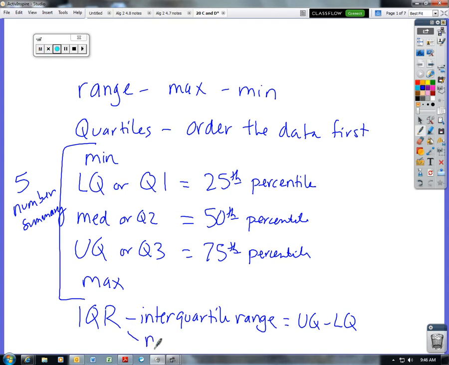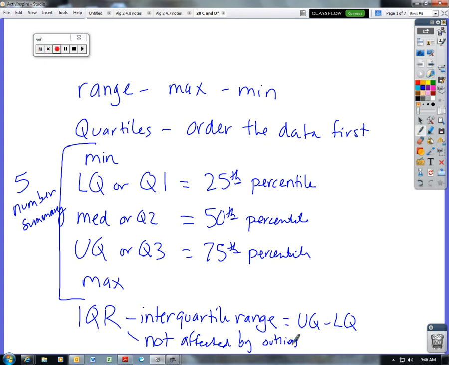So the IQR is not affected by outliers. So it's a nice measure of the spread of the data. So the larger the IQR, the more spread there is, like if you're comparing two sets of data. If one of them has a larger IQR, it's going to be spread out more, especially over those middle values.